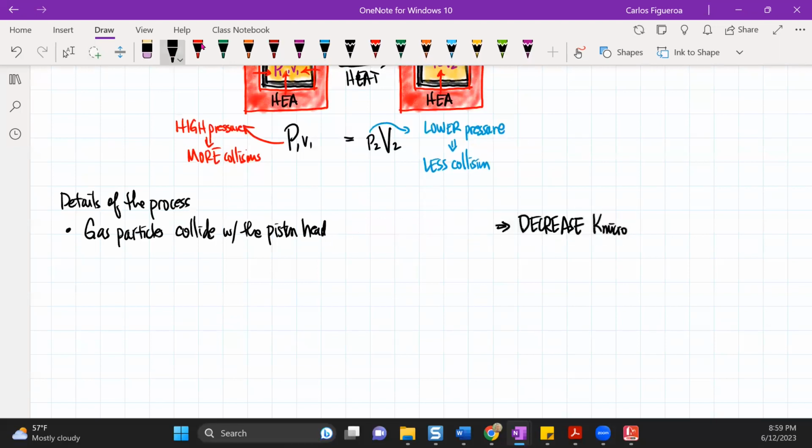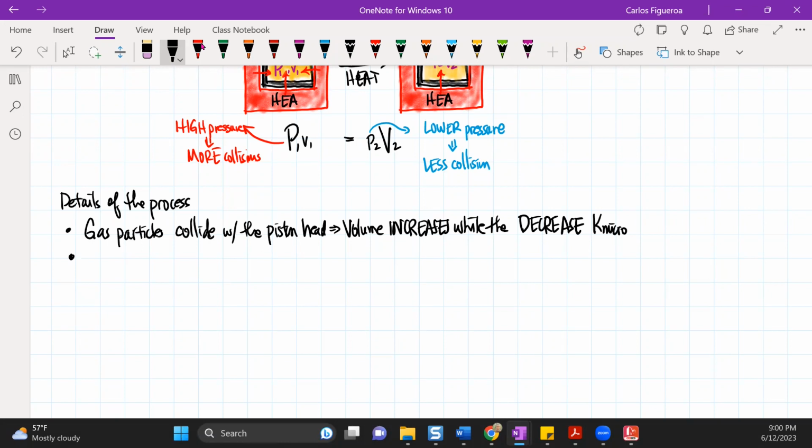So this implies that the volume increases while there's a decrease in K micro. But it can't decrease K micro completely.